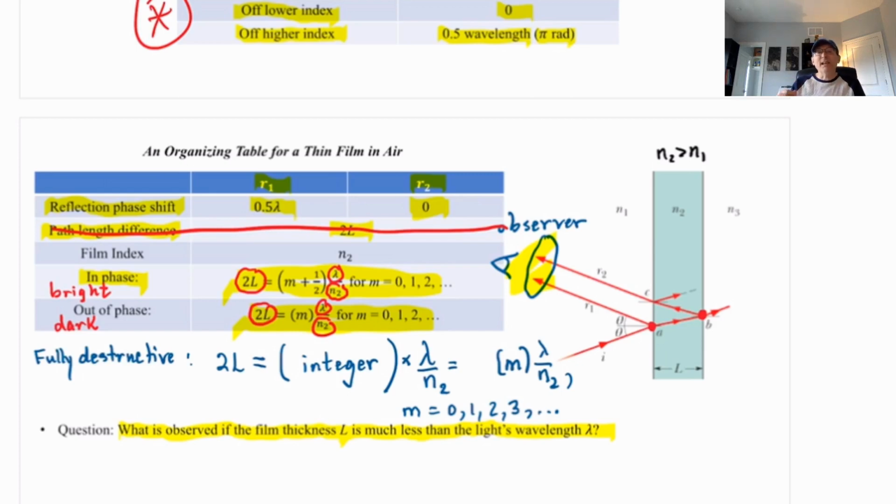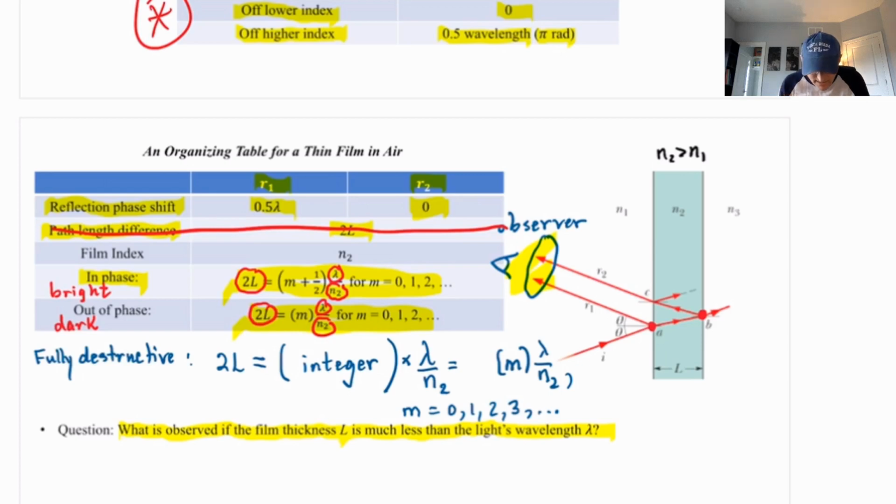And in a situation like that, then I'm just left with that 0.5 lambda reflection phase shift from R1 and no reflection phase shift for R2. So the observer, when the rays are combined, sees a phase difference of 0.5 lambda. That means they're out of phase. That means fully destructive interference. That means darkness.